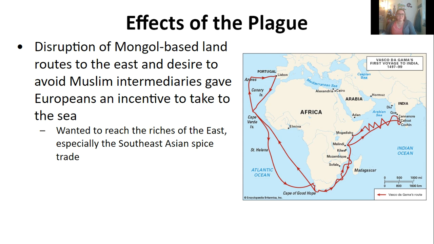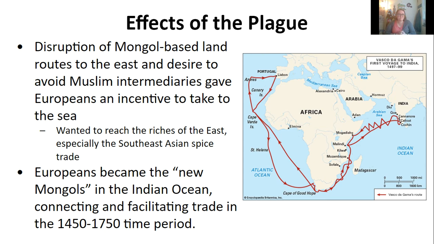And they also didn't want to deal with Muslims, because you have to remember that the Crusades were all about pushing out the Muslims from the Holy Lands. And that created this huge animosity between Christians and Muslims. So they wanted to avoid Muslims at all cost. Not to mention, we learned that the Reconquista forced people out of their home to reclaim it in the name of a Catholic king.